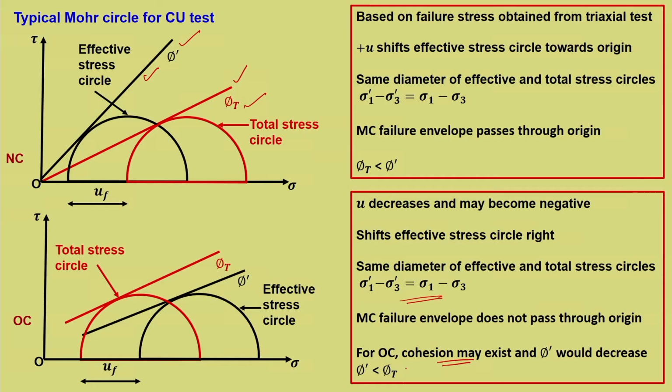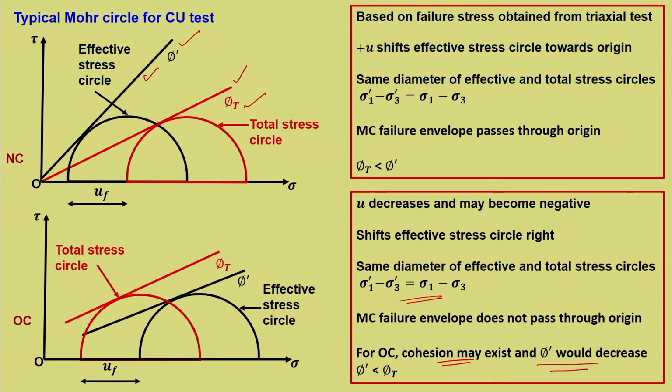The material tends to act like a stiff material and the particles are sufficiently close. So, this would exhibit in terms of some sort of cohesive intercept that you get. So, for OC cohesion may exist and phi dash would decrease.